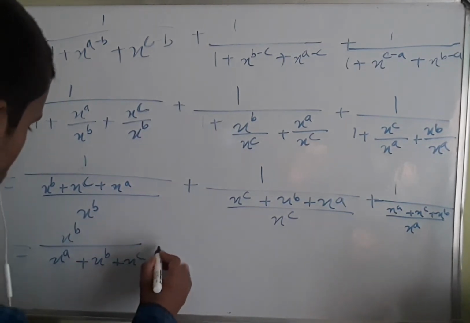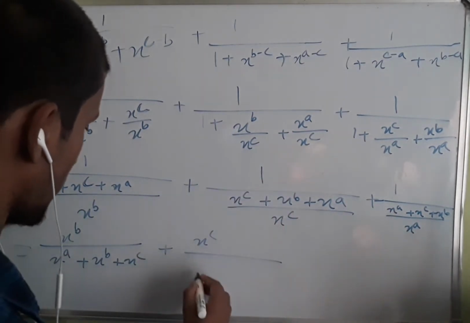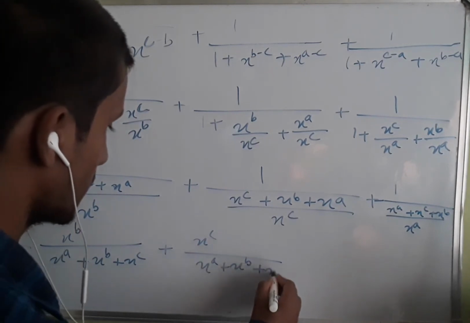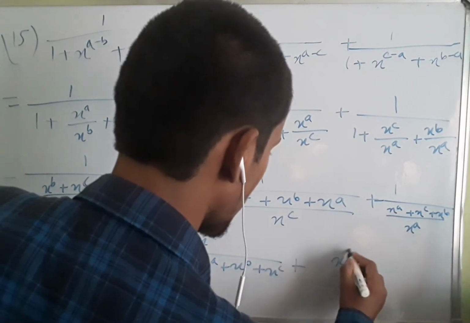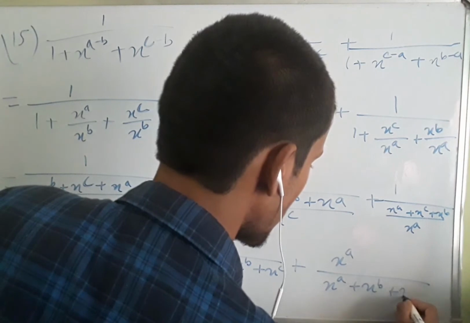Plus again we can take that over there, x to the power c divided by x to the power a plus x to the power b plus x to the power c, plus x to the power a divided by x to the power a plus x to the power b plus x to the power c.